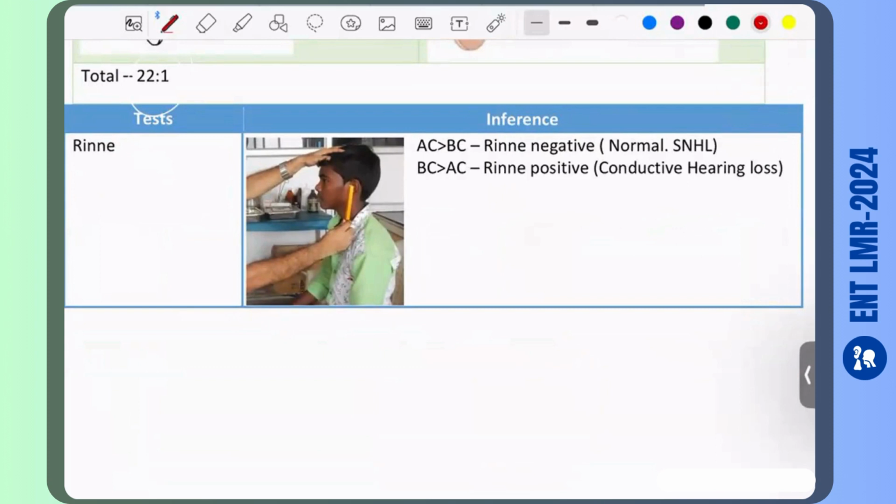Once the patient says they have stopped hearing over the mastoid process, you should remove the tuning fork and place it in front of the ear. If the patient says they can still hear, it means that air conduction is better than bone conduction, which is Rinne positive. So air conduction better than bone conduction is Rinne positive.